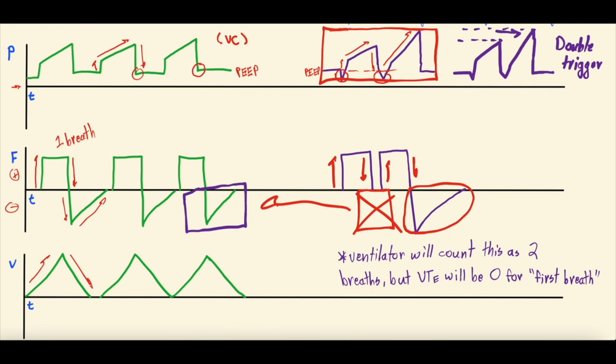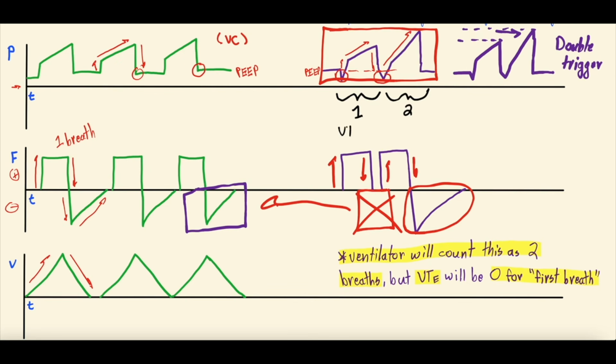And what this will mean for the volume in the lungs, we put right here. The ventilator will count this as 2 breaths because they think they're delivering 2 breaths. But the expiratory volume, the tidal volume expiratory, the VTE, will actually be 0 for the quote-unquote first breath. Because if we look at the first breath, the ventilator thinks this is 1 breath, and this is a second breath, 1, 2.